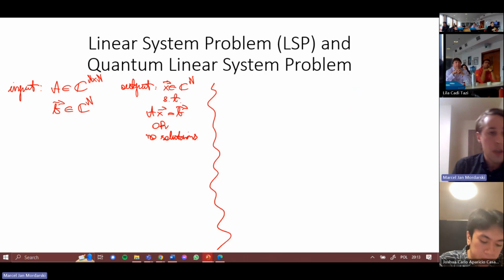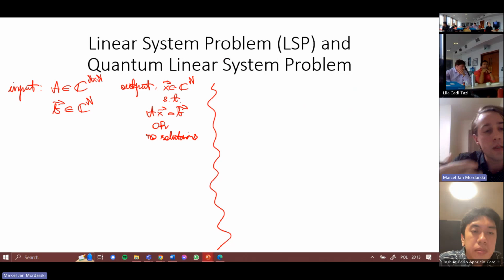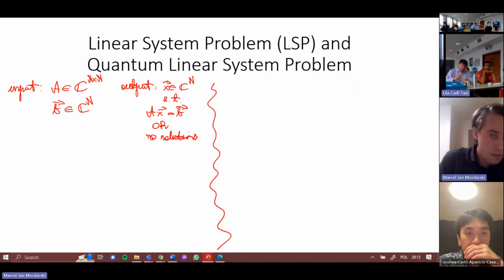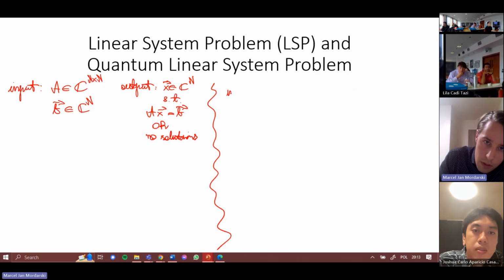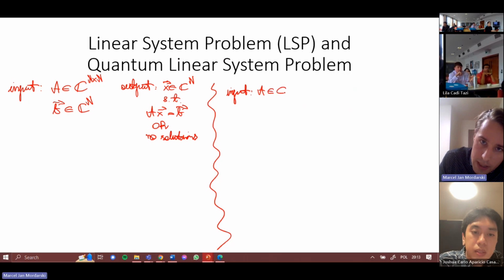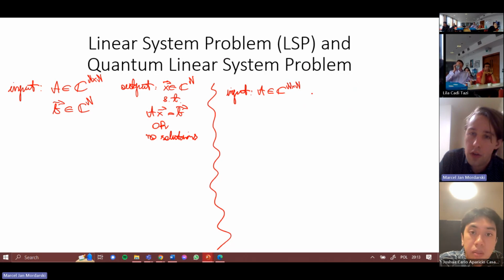And since we want to be quantum really requires us to reframe this problem for the quantum setting. We will be talking about the quantum states, because that's what we are dealing with in quantum computers. So similarly, we've got some input, and this is a matrix A, also with complex entries, that we can access via an oracle.